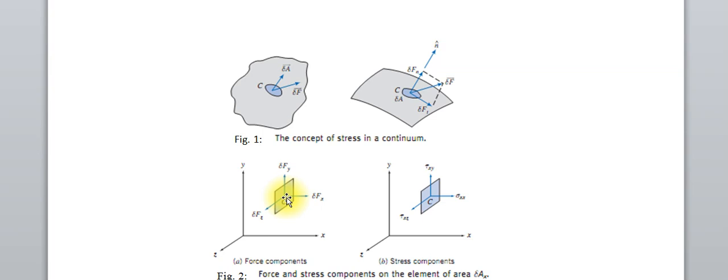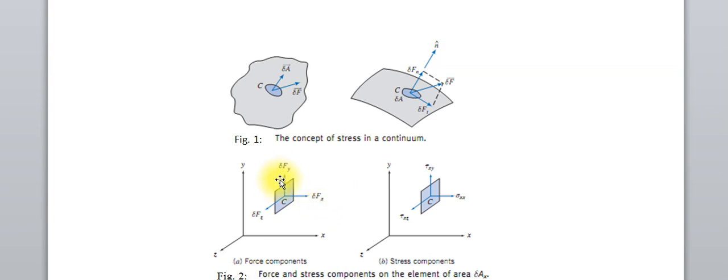We have three mutually perpendicular surfaces. For example, consider the x surface, then we have the y surface and then the z surface. If we consider the x surface and the force is outward normal in the x direction, we say this is a normal force.